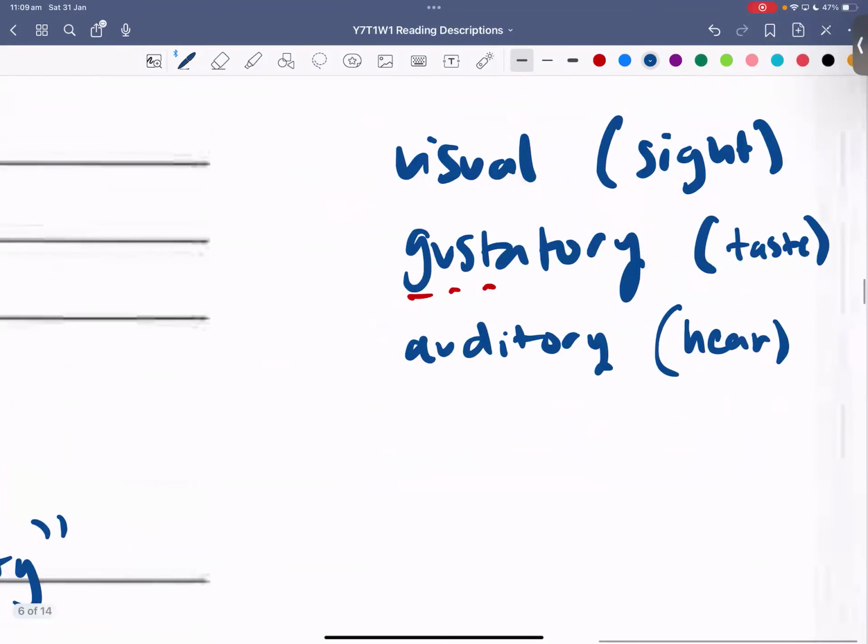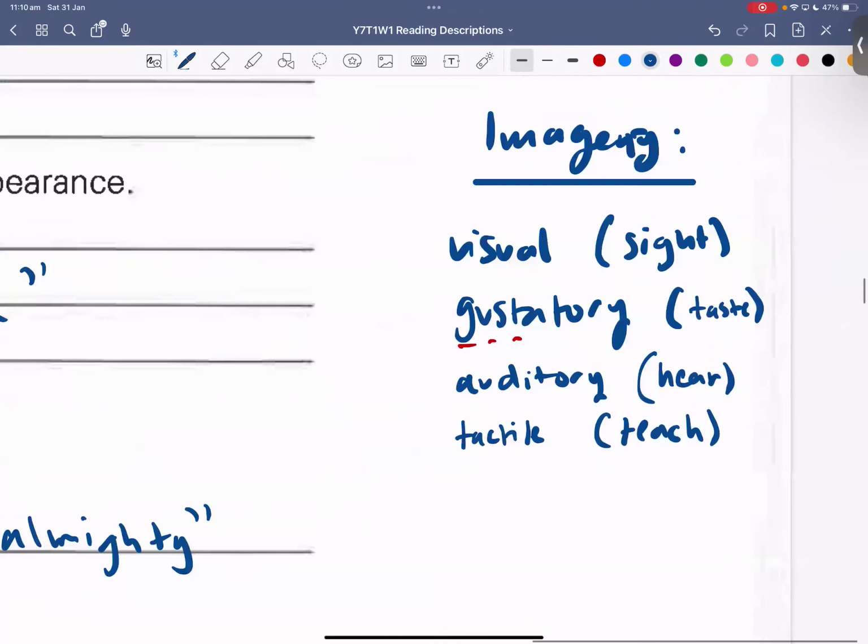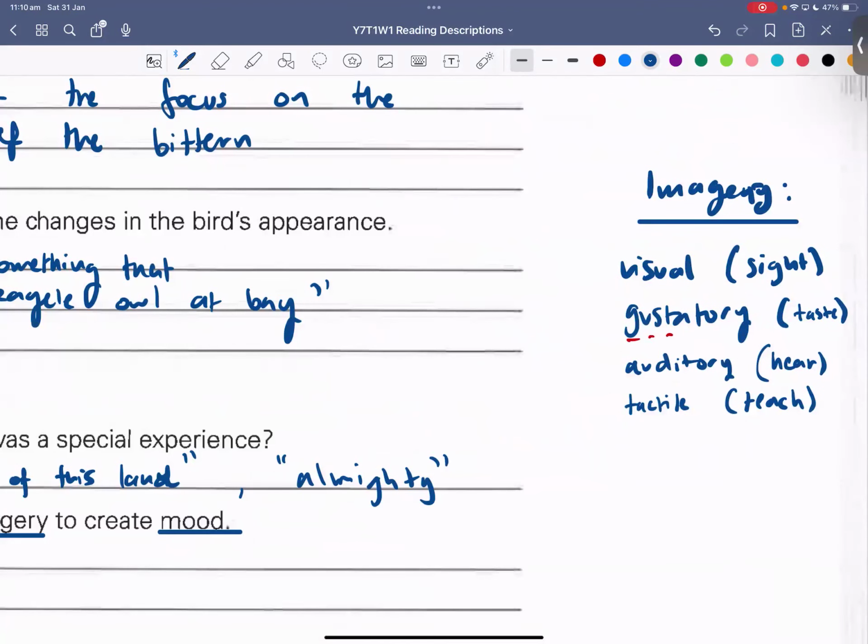What about what you can feel and touch? That's called tactile imagery. These are very important, guys. You should write these down in your exercise books and keep them memorized. One last sense, guys, that we've been missing, which is what you could smell.